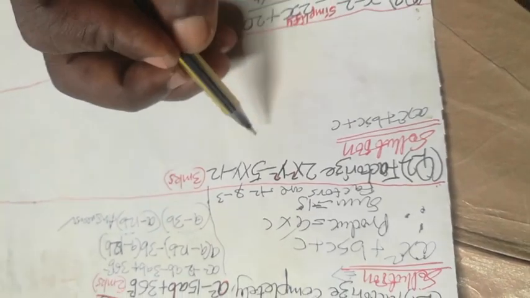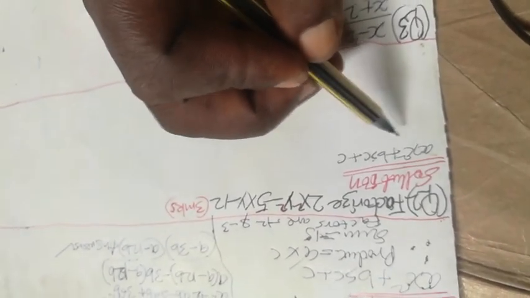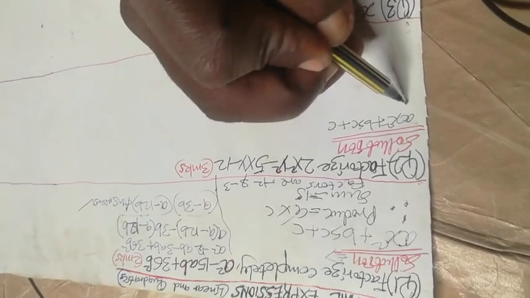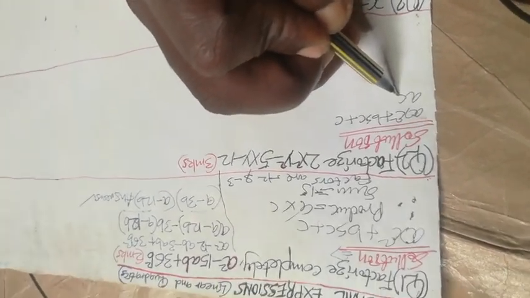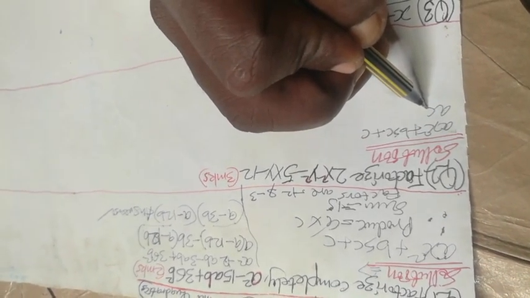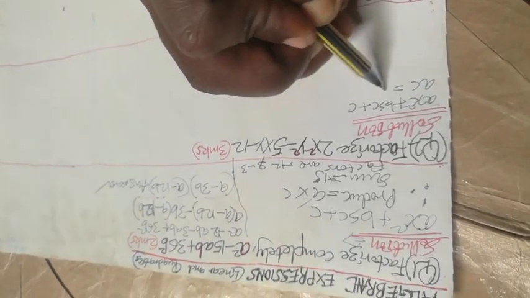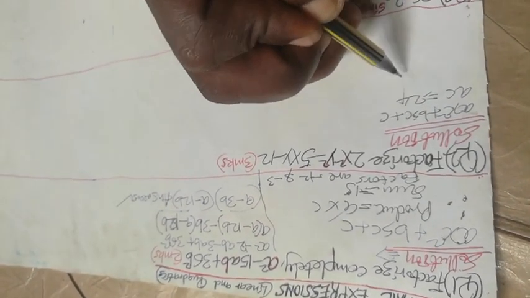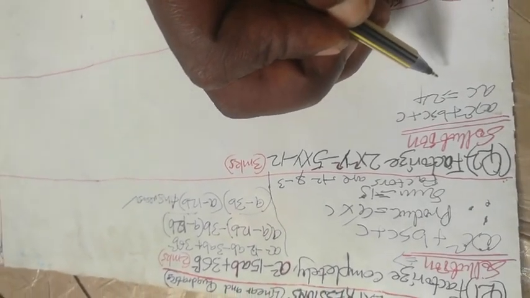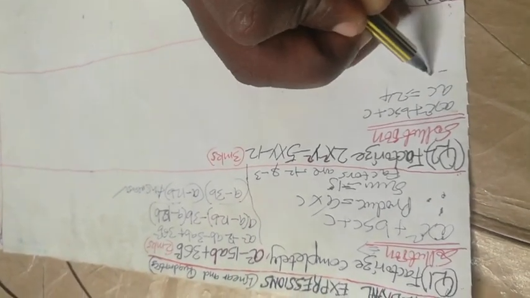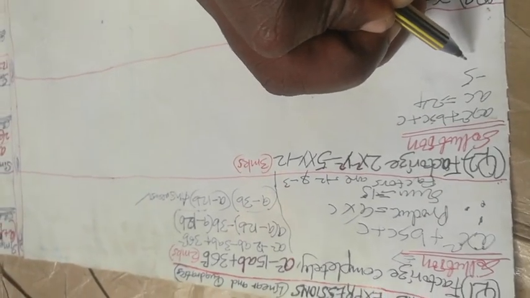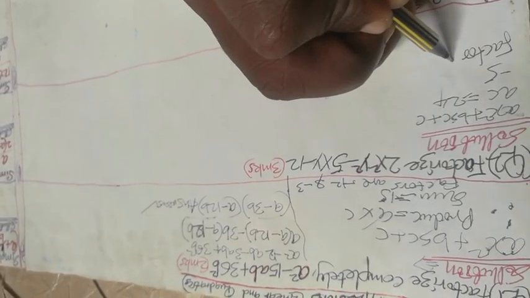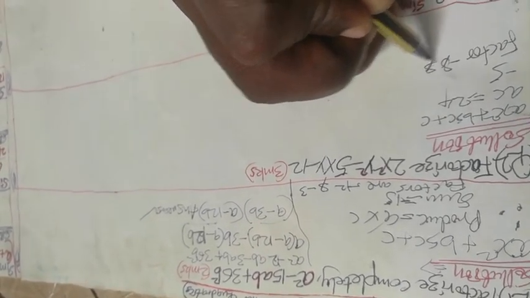Now we multiply AC. AC is negative 24. Now our sum is negative 5, and the factors are negative 8 and 3.